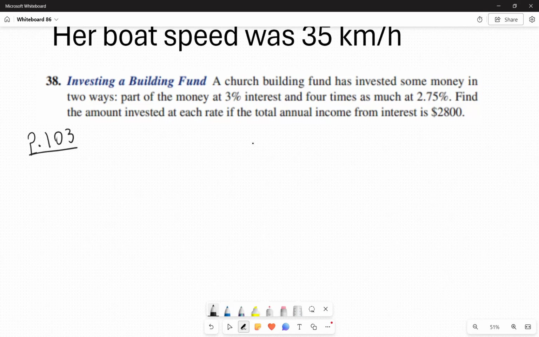So they are asking us to find the amount invested at each rate. From the question of the problem, we can determine the variable. So we're going to let x be the amount invested at 3%, since one part was invested at 3% and 4 times as much at 2.75%.